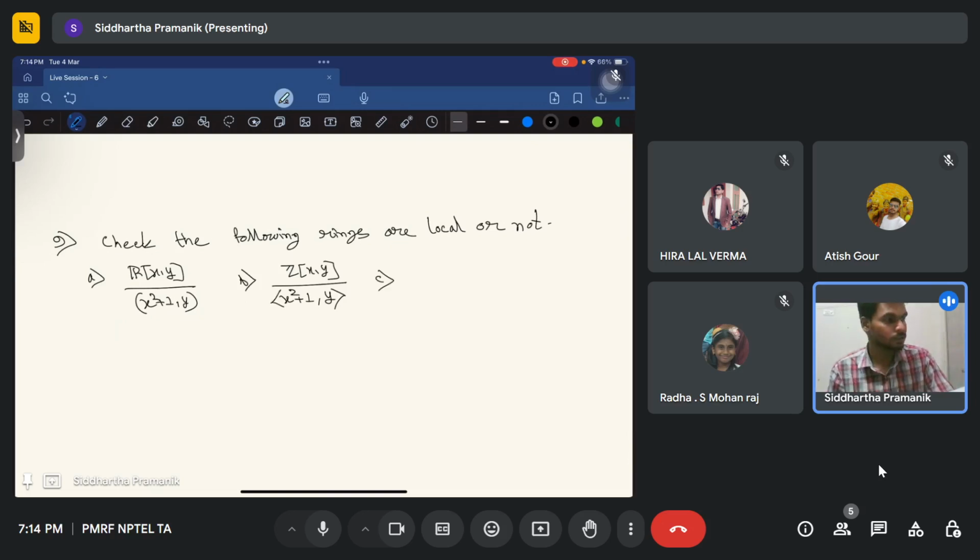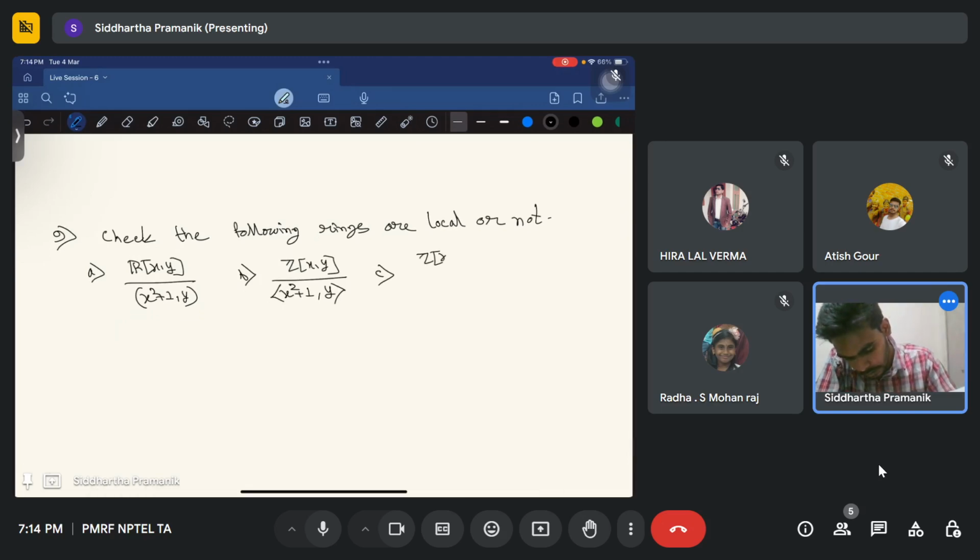The third is, let's say, Z[x,y] modulo (x, y, 5). Let's say d is Z[x] modulo (x, 9).